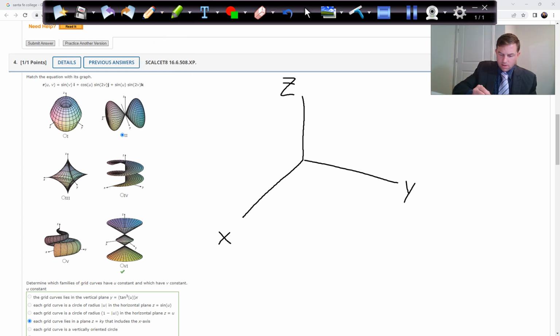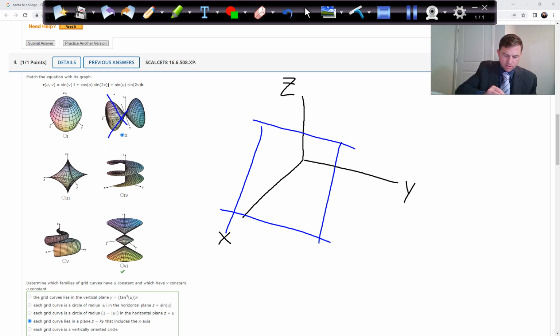At any point, let's say I do it right here, and create a plane here, a slice through this thing, like that. Well, if I were to look down that x-axis, I'm going to see a circle.